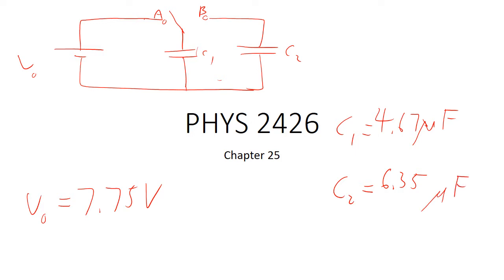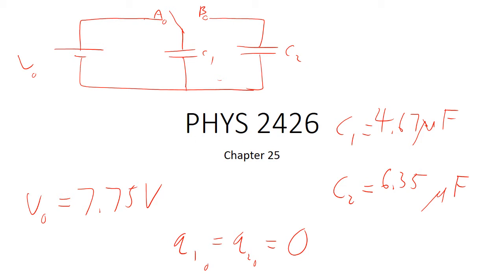I'm going to start with the assumption that the capacitors are uncharged, so Q1 naught equals Q2 naught equals 0. And I'm going to assume the switch is going straight up. It's not connected to A and it's not connected to B, so it is neutral.